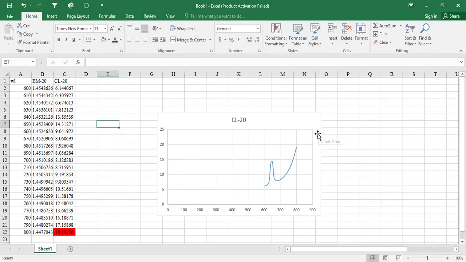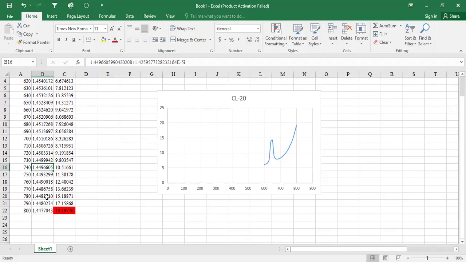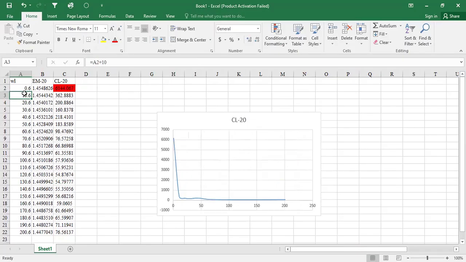Maybe it will increase and increase. It's not the correct data, right? Let me do it again.